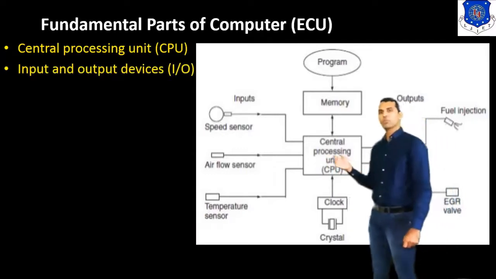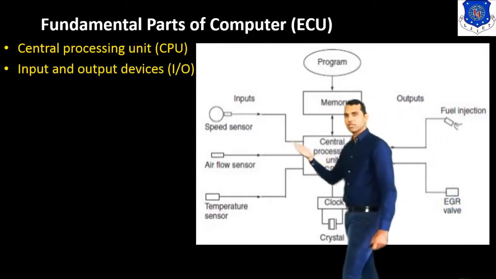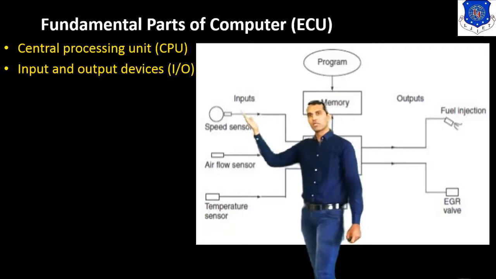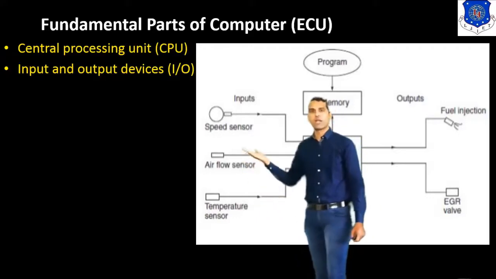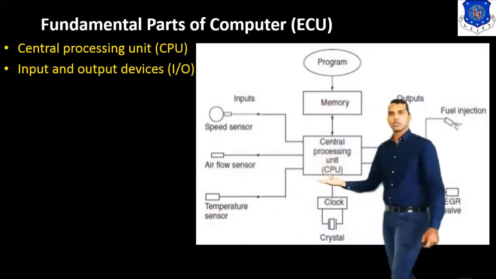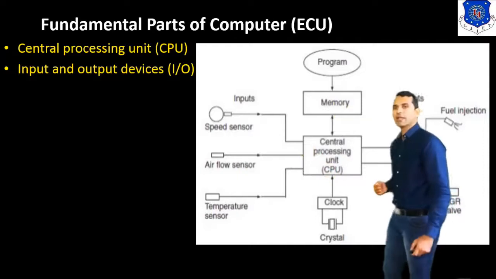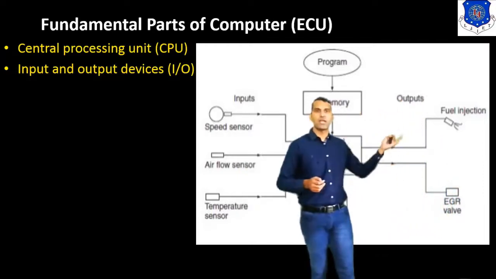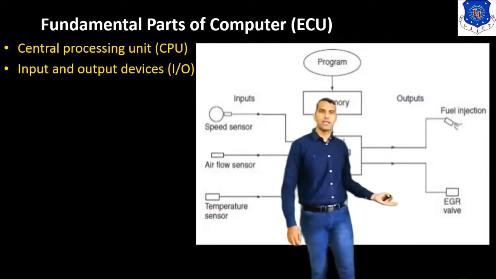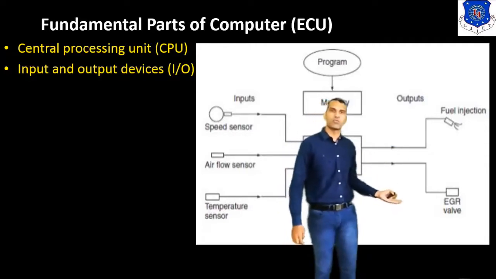The second one is the inputs and outputs. In this figure we can see the different sensors, that is the speed sensor, airflow sensor, and temperature sensor, that provide the input to this CPU. The outputs are the actuators, that is the fuel injector and the EGR, exhaust gas recirculation valve.